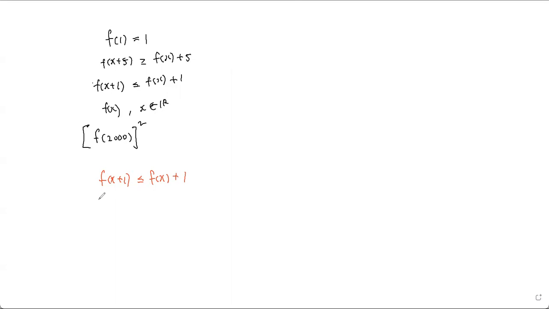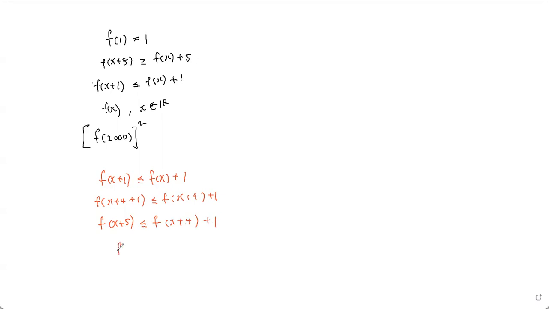I can extend this to f(x + 4 + 1), replacing x with x + 4, and then I will get this new inequality. This is actually f(x + 5). So I can say that f(x + 5) ≤ f(x + 4) + 1.